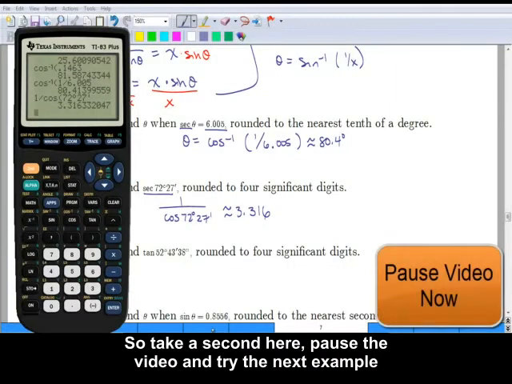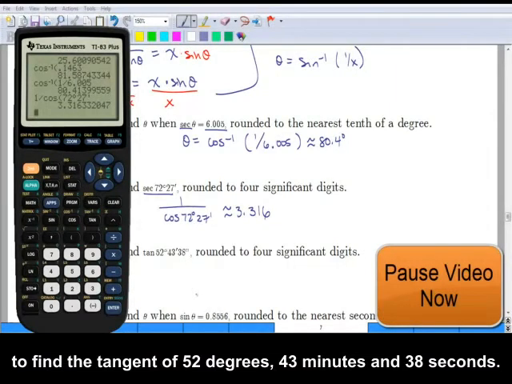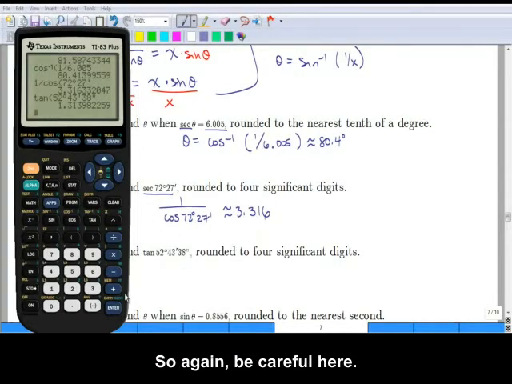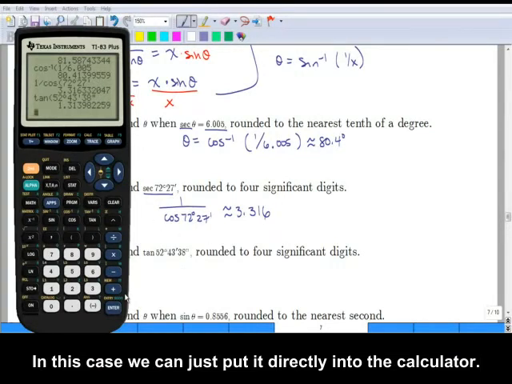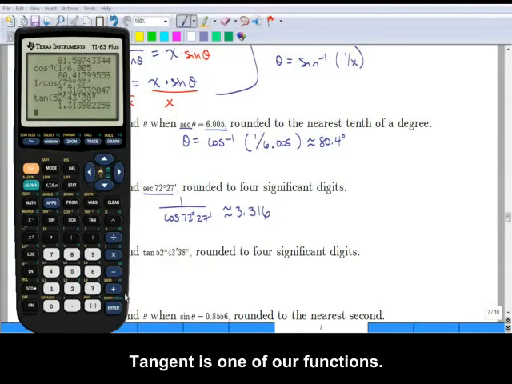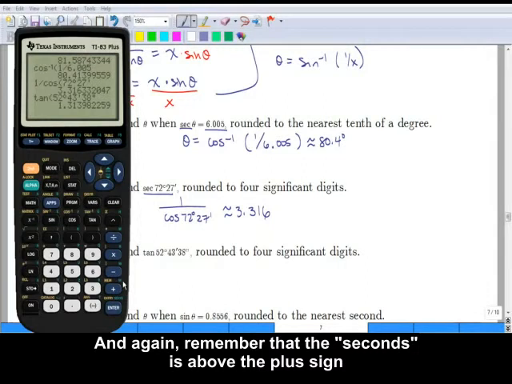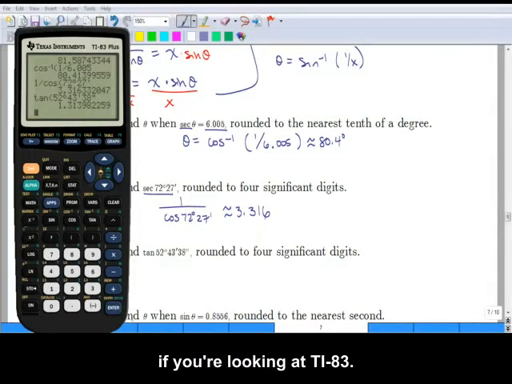So take a second here, pause the video, and try the next example to find the tangent of 52 degrees, 43 minutes, and 38 seconds. So again, be careful here. In this case, we can just put it directly into the calculator. Tangent is one of our functions. We don't have to worry about a reciprocal here. And again, remember that the seconds is above the plus sign if you're looking at a TI-83.